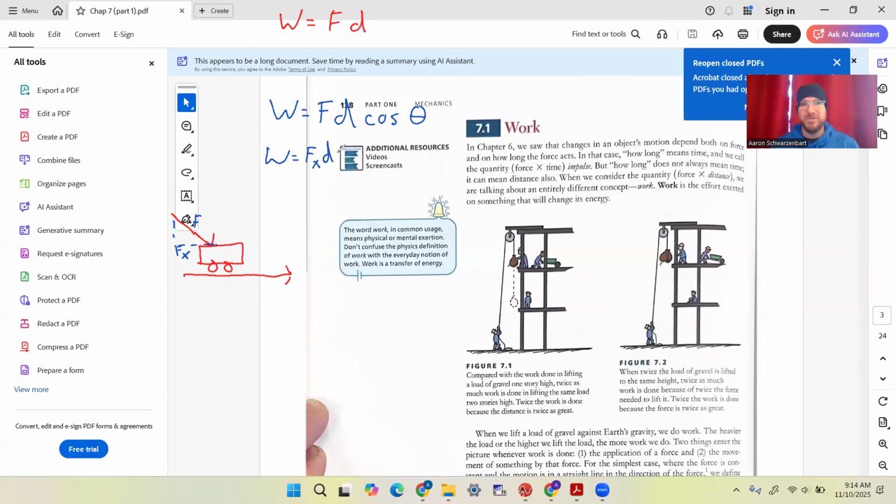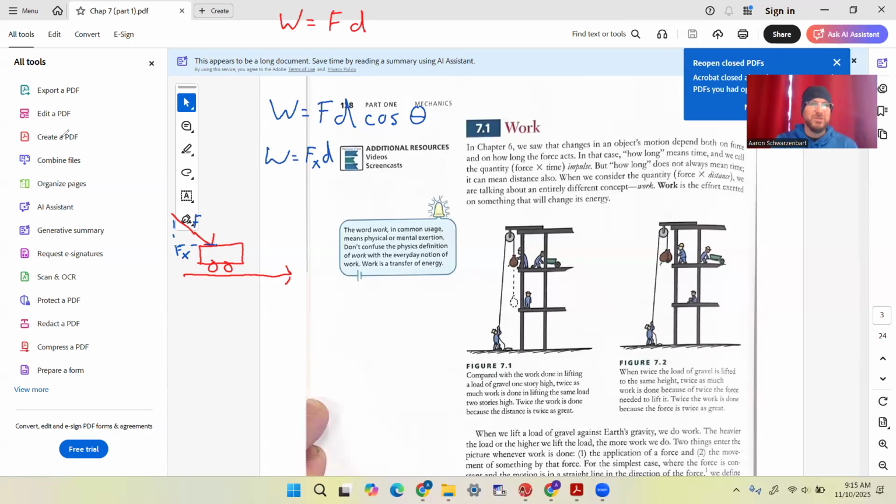Okay, so it's that component that is in the same direction that the object is moving. Remember, if an object is not moving, it doesn't matter how much force I put on the wall trying to push it. If the wall doesn't move, I've done no work. Okay.